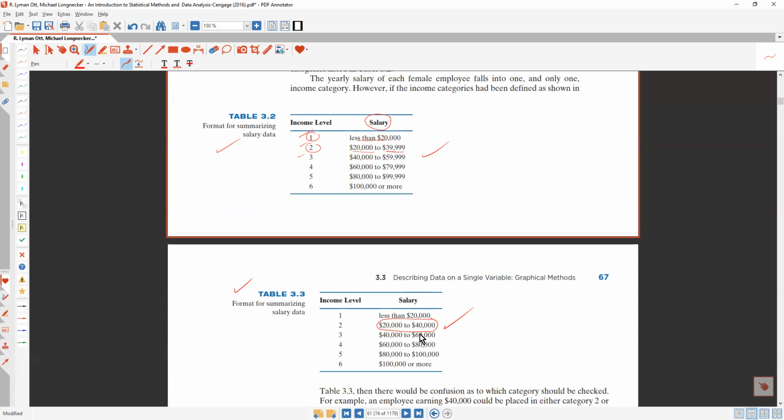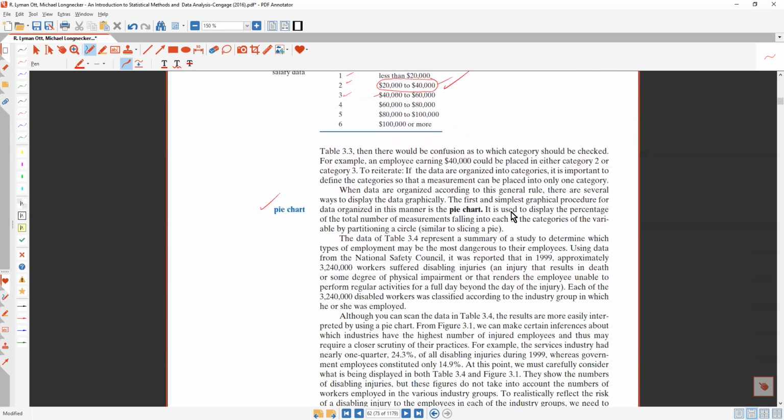Well, notice that if we present our data this way, we may not be sure which level to put the given data point, because we have 40,000 here and 40,000 here. Whereas over here, it's a little bit more clear because we've separated 39,999 and 40,000. So recognize there's differences in how you can construct things, and there will be better ways to construct these data summaries than others, especially when we consider intervals.